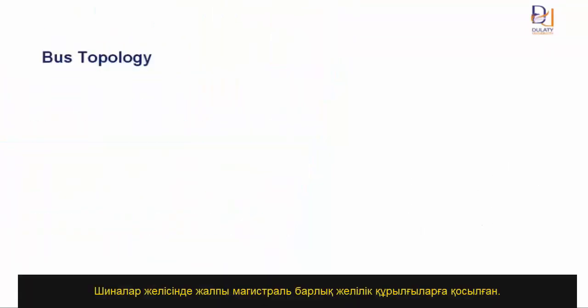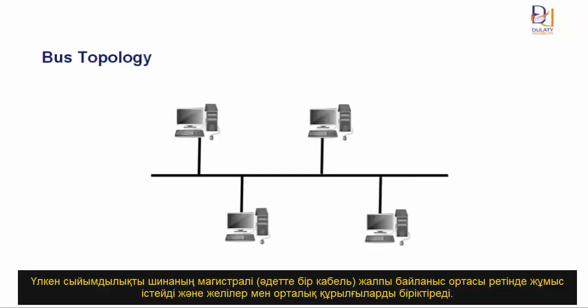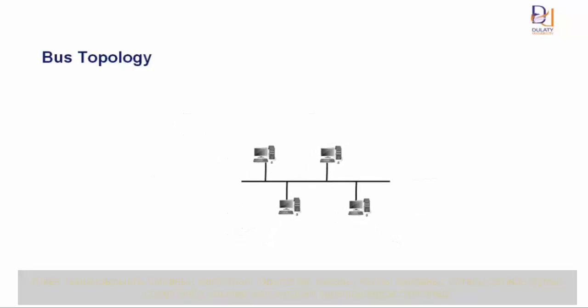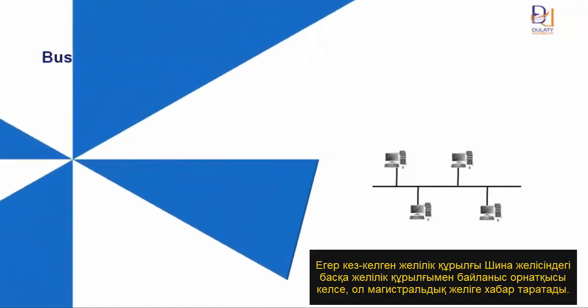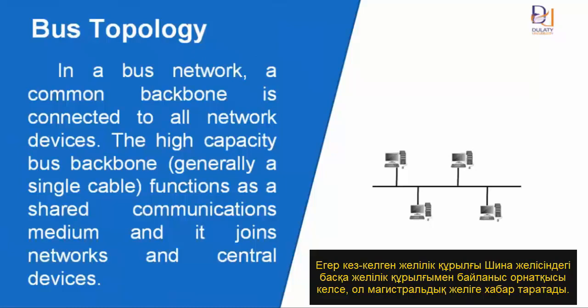In a bus network, a common backbone is connected to all network devices. The high-capacity bus backbone functions as a shared communications medium, and it joins networks and central devices. If any network device wants to communicate with another network device within a bus network, the device sends a broadcast message onto the backbone.